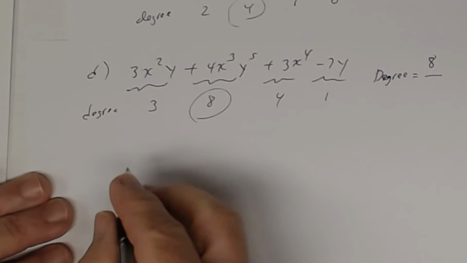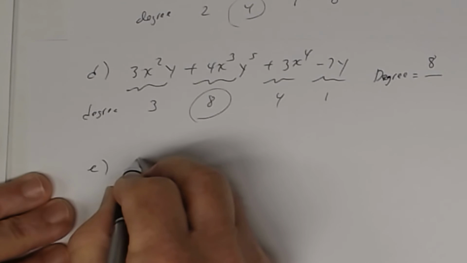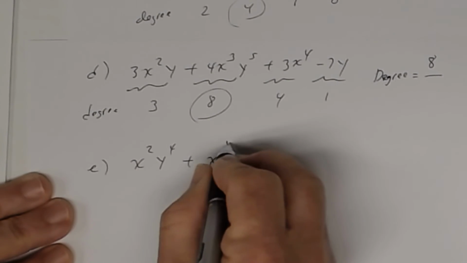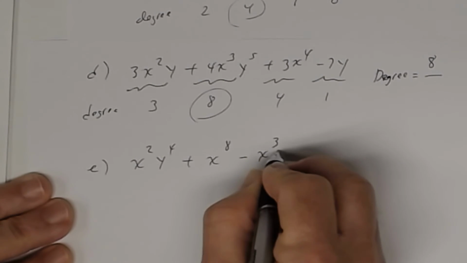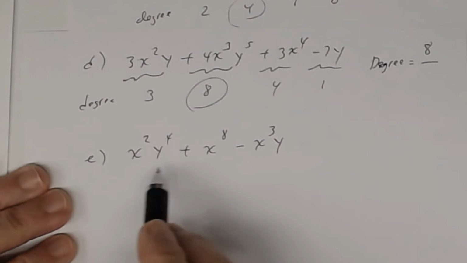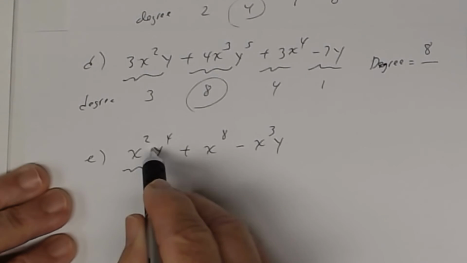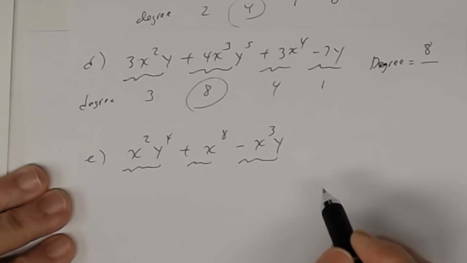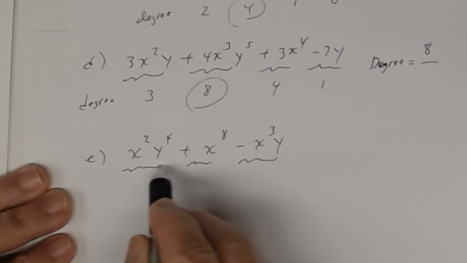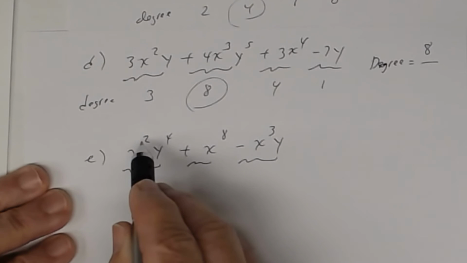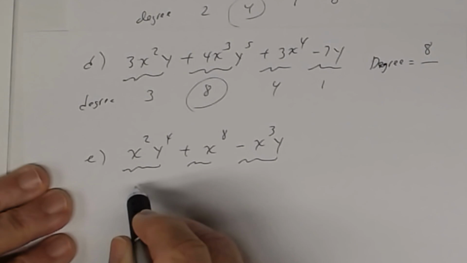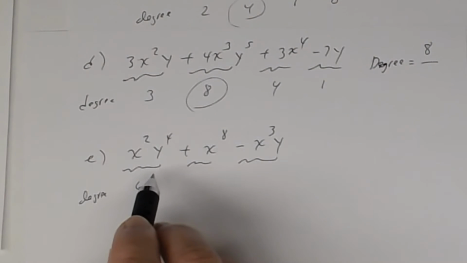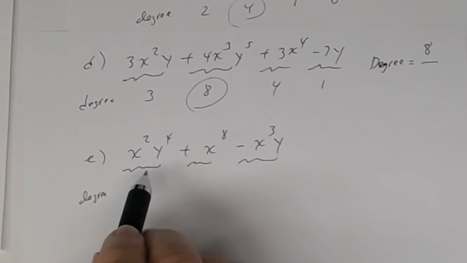All right, and then finally let's look at E. So E, we have x squared y to the fourth plus x to the eighth minus x cubed y. So in this polynomial there are 3 terms, x squared y to the fourth, a positive x to the eighth, and a negative x cubed y. So in this term here, I have 2 variables. You add their exponents. 2 plus 4 is 6. So to find the degree of a term with more than 1 variable, you add the exponents.